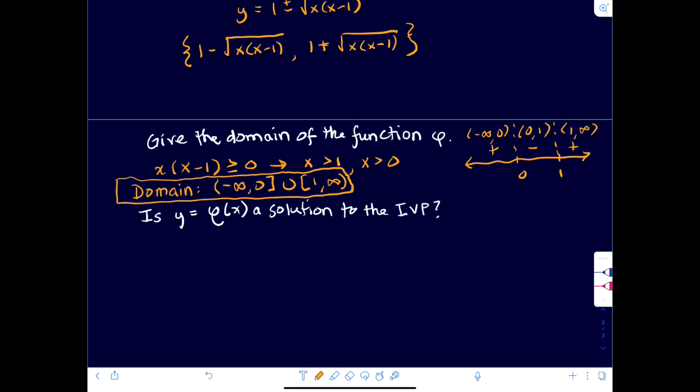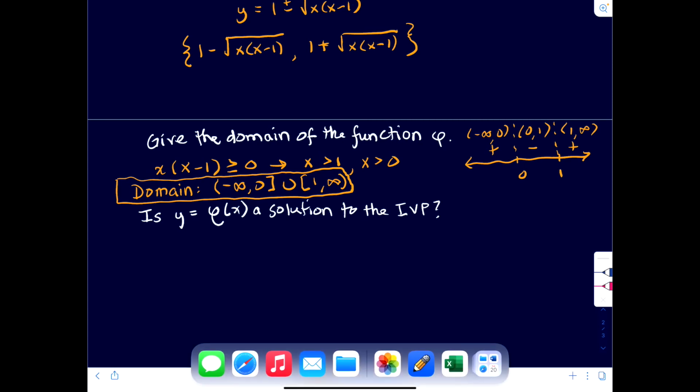Now, is y equal to gamma of x a solution to the initial value problem? Well, let's take a look at the picture of the graph, and then you can verify the intervals and check that out.